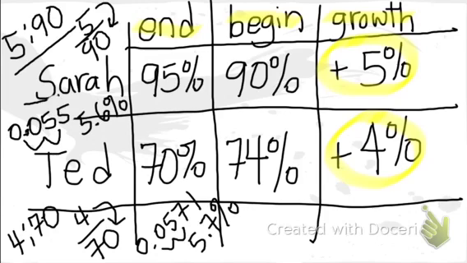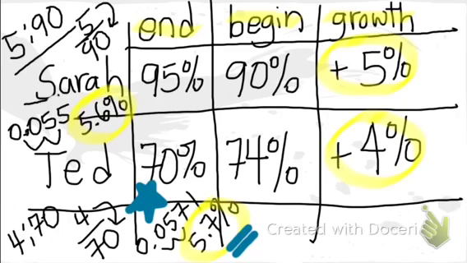Now, not very radical, but still, in terms of more proportionally, that would be Ted. I just wanted to use numbers like the 70 and the 74 to show you that, in terms of growth, we often look at percentage growth.